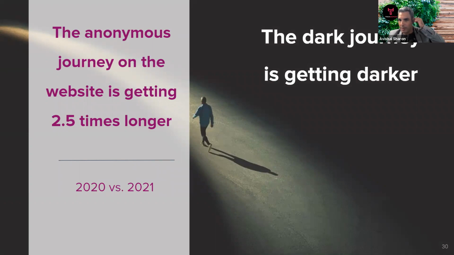People are waiting for the last moment possible before they raise their hand, and that is getting longer. And as we mentioned, their attention is getting shorter. We're seeing almost 2.5 times longer anonymous journeys. If a journey would take 2 weeks, now we're talking about twice as much, 5-6 weeks in comparison to 2020.